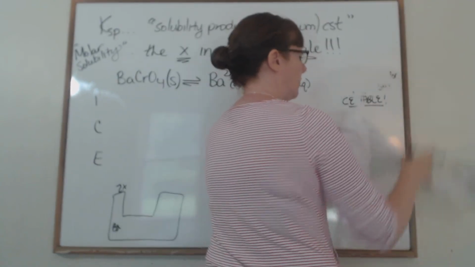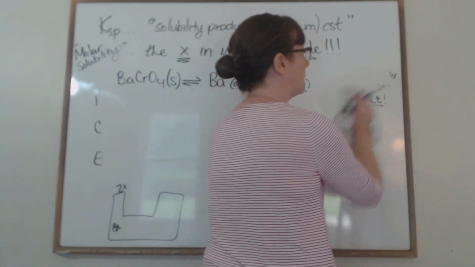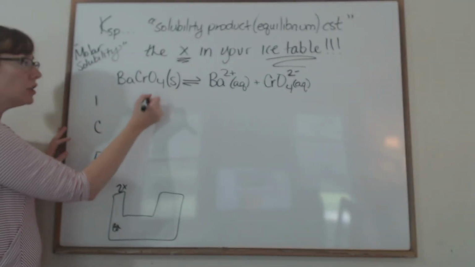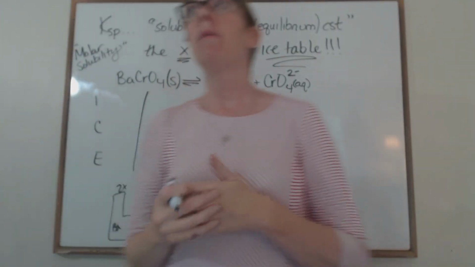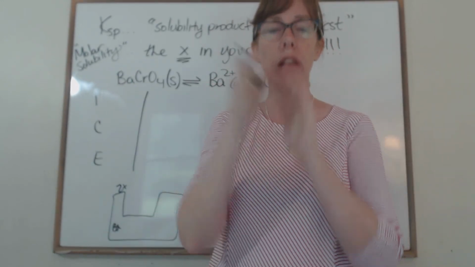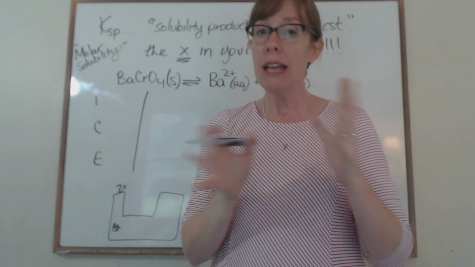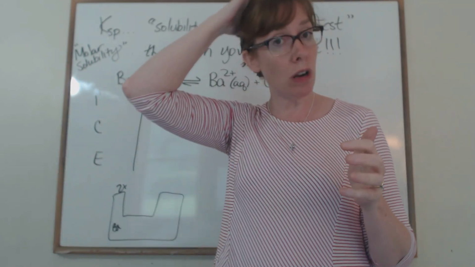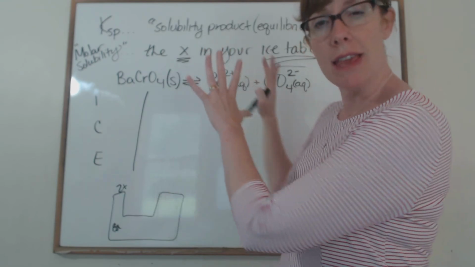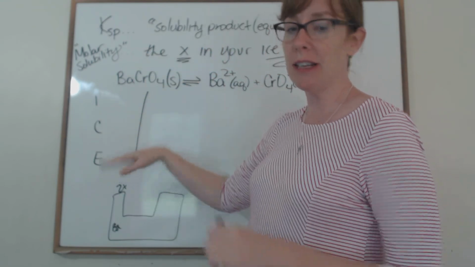Now let me show you how this works. It's easier than it seems. Just like water in your ICE tables for calculating pH is always crossed out because it's a liquid and doesn't show up in your K expressions, neither do solids. So in these KSP ICE tables, that reactant is gone.